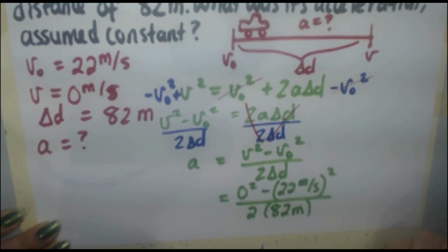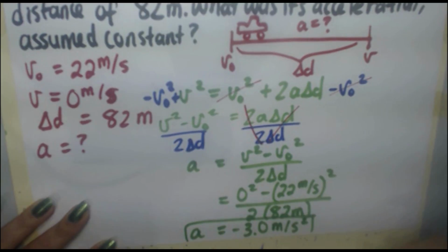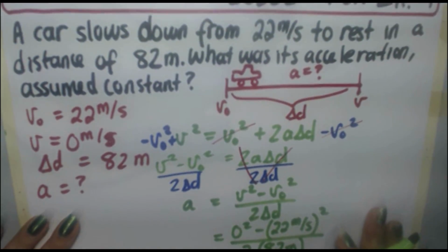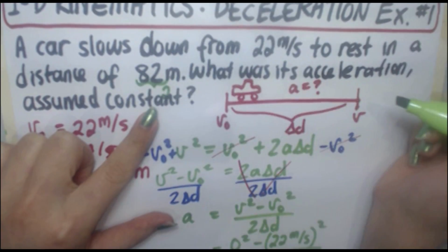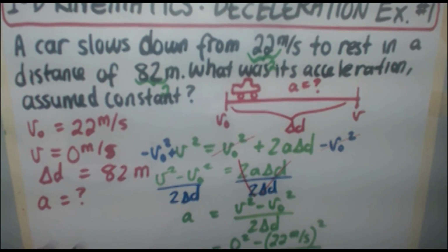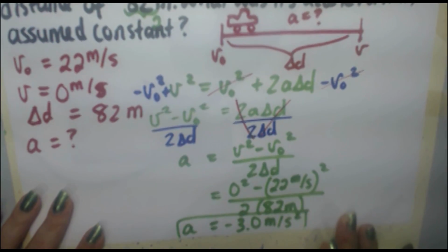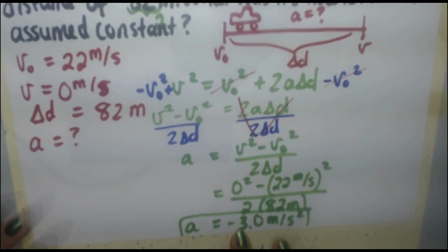When you calculate that all out, you should get minus 3.0 meters per second squared. If you check back to the original problem, we had 2 sig figs for the 82, and the 22 also has 2 sig figs. Therefore, our final answer must also have 2 sig figs, which it does, minus 3.0. And so you have the acceleration, assumed constant.